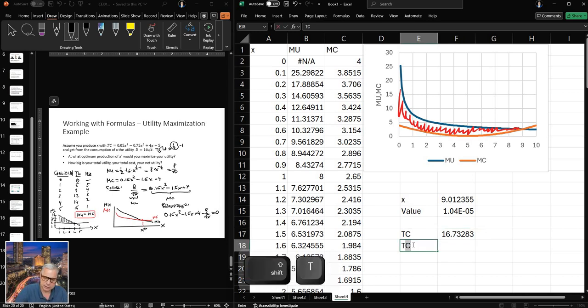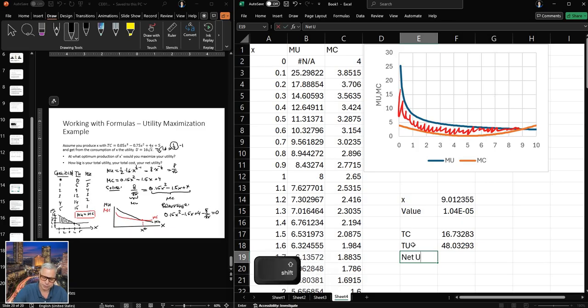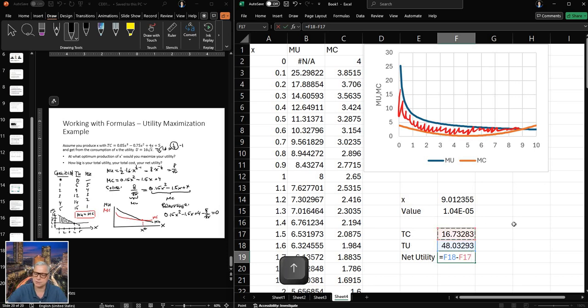Then the total utility is equal to 16 times the square root of the optimum. Okay, and then if we calculate the net utility, which is total utility minus total cost, that is now simply the 48 something minus the 16 point something, and we get 31. So this 31 is the area between those two curves.